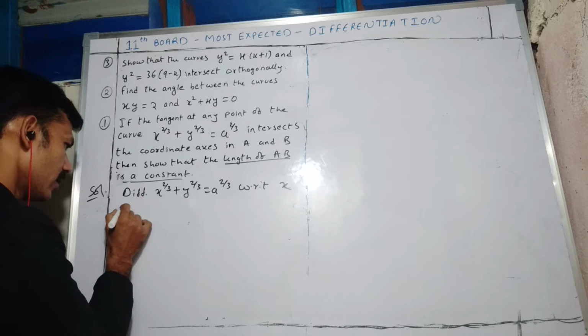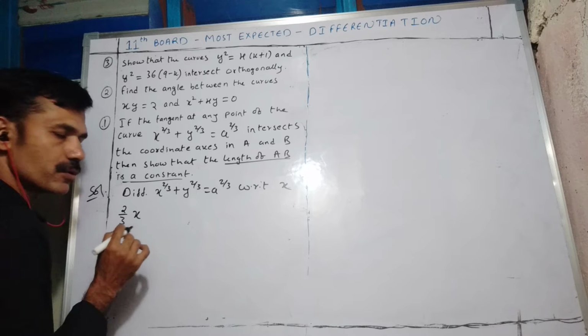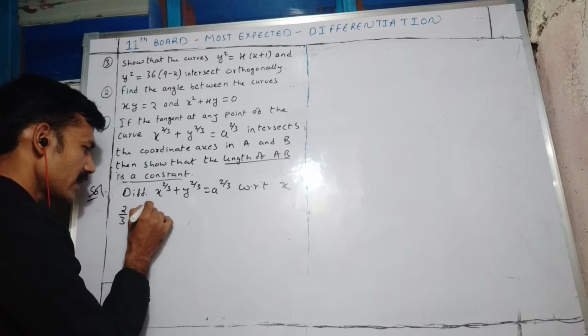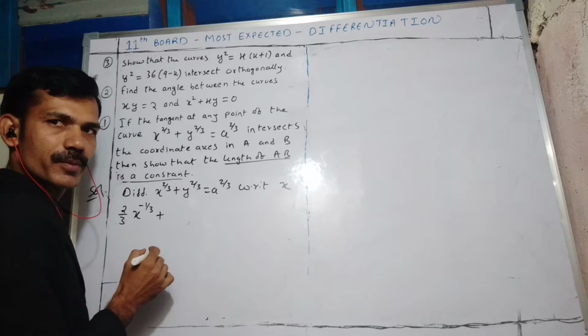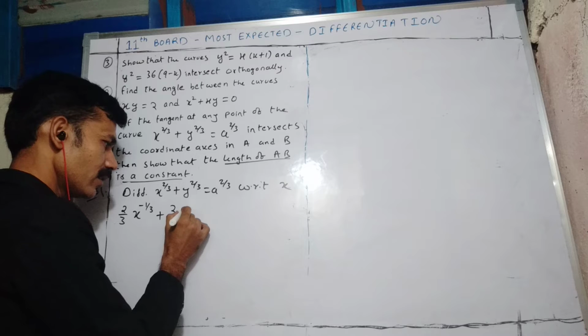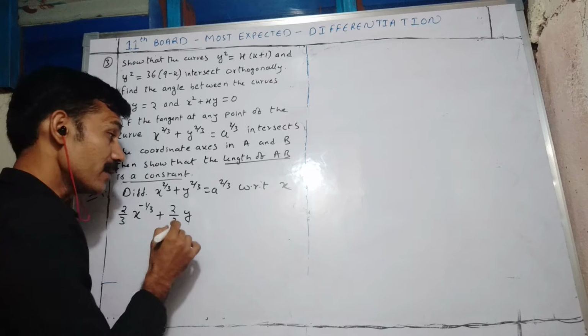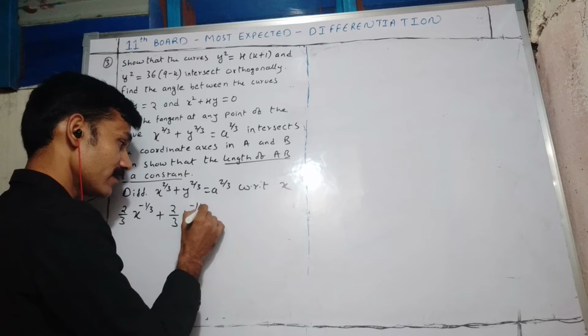So here it is 2/3 times x^(2/3 - 1), which means x^(-1/3). Next, here y^(2/3) is there. If we differentiate, 2/3 times y^(2/3 - 1), which means y^(-1/3).